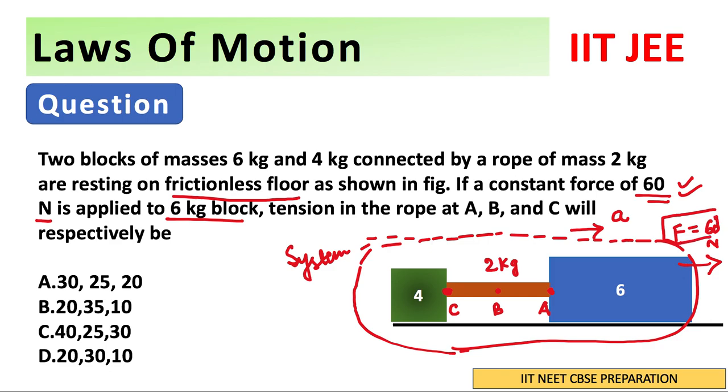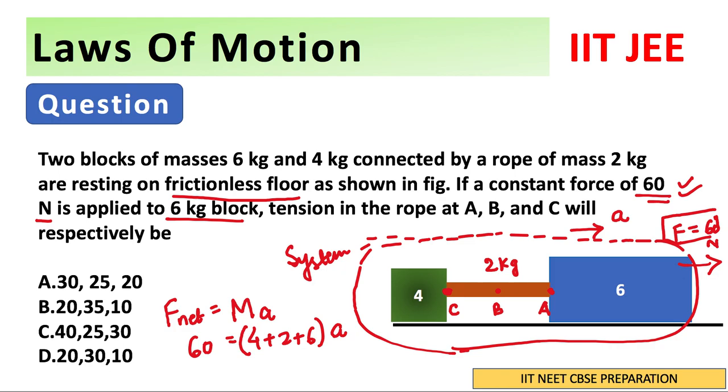Can I say that the net force on the system is nothing but the mass of the system into the acceleration of the system? So what is the total mass of the system here? 4 kg plus 2 kg plus 6 kg. This is the total mass of the system. And what is the acceleration? That we have to find out. The net external force is 60 Newton, which is already given to us.